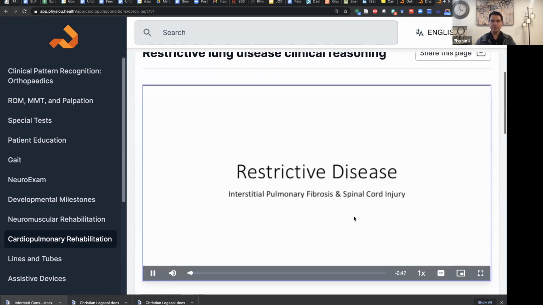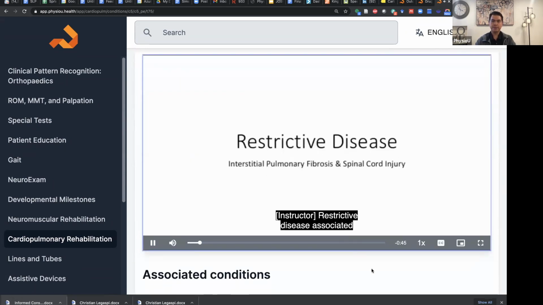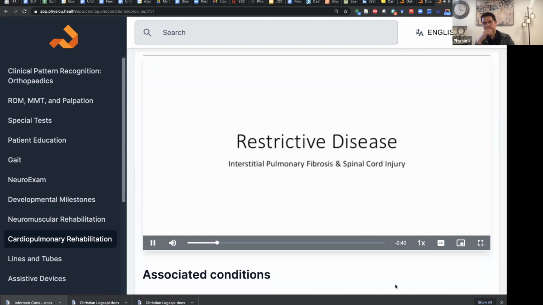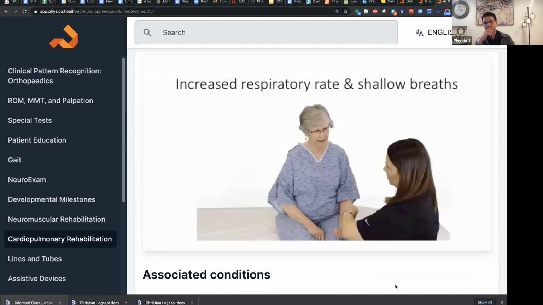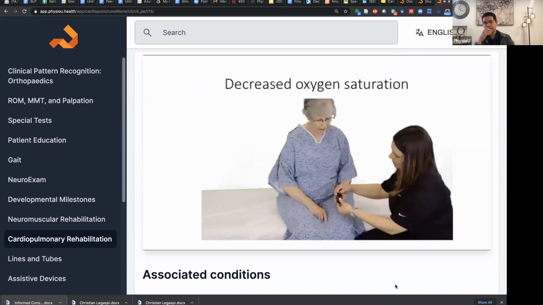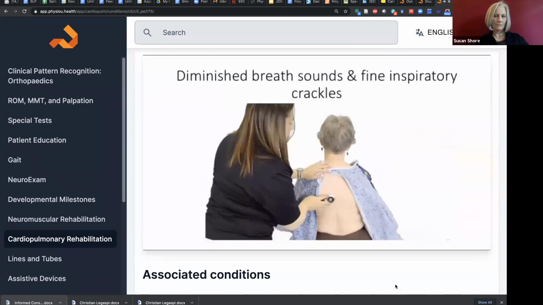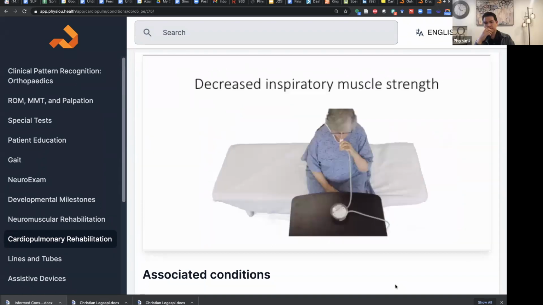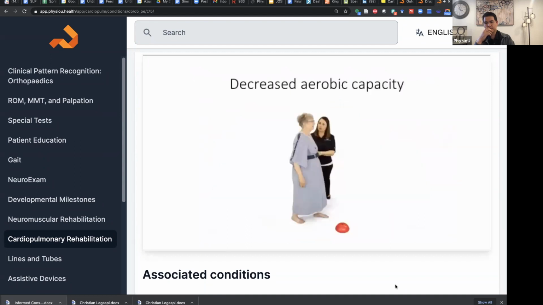So let's watch that. Restrictive disease associated with interstitial pulmonary fibrosis and spinal cord injury. When you examine the patient, you will observe an increased respiratory rate with shallow breaths, decreased oxygen saturation levels, diminished breath sounds with fine inspiratory crackles, decreased inspiratory muscle strength, decreased aerobic capacity, and low generalized strength.